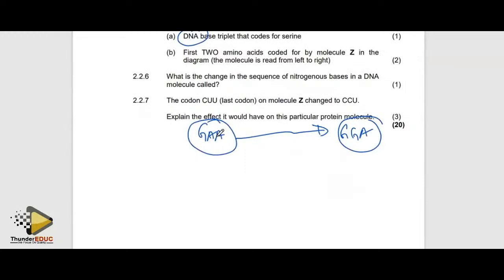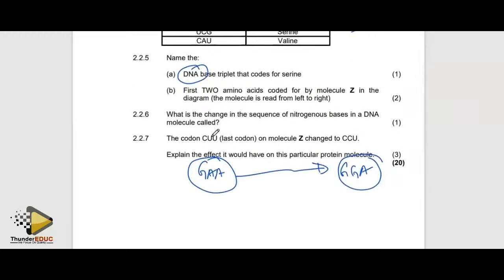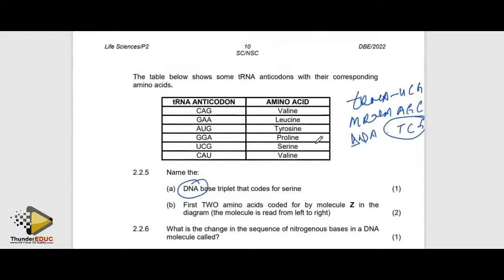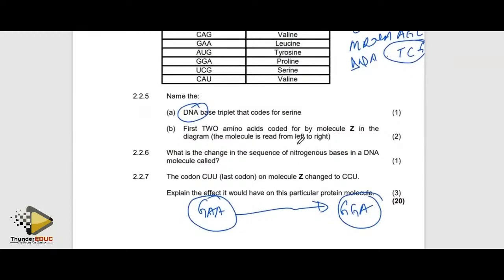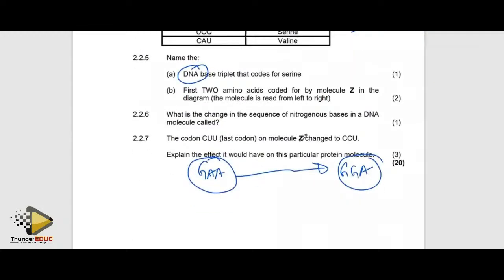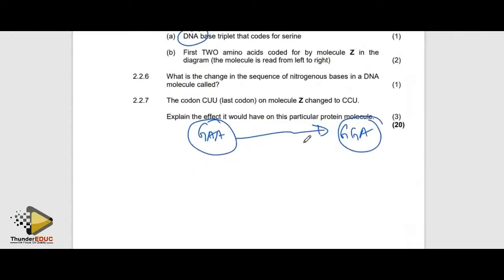Change of CUU to CCU will result in a different amino acid coded, that is from leucine to proline, which will result in a change in the structure of the protein.